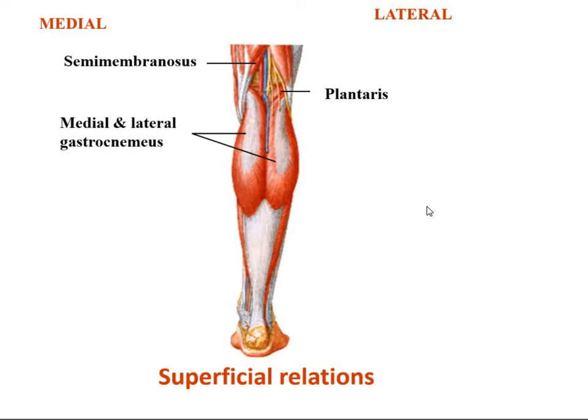So if I talk about the proximal part, it is related to your semimembranosus, and the beneath would be, because I told you it is lying in close contact with the floor of your popliteal fossa, so that would be the medial condyle of your femur.